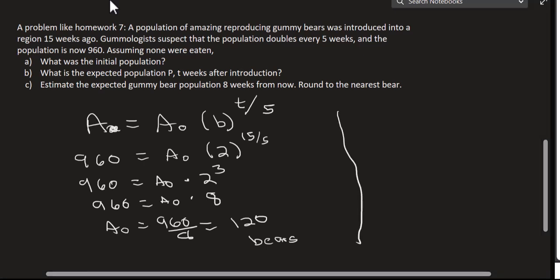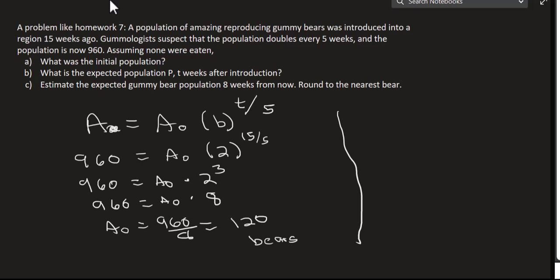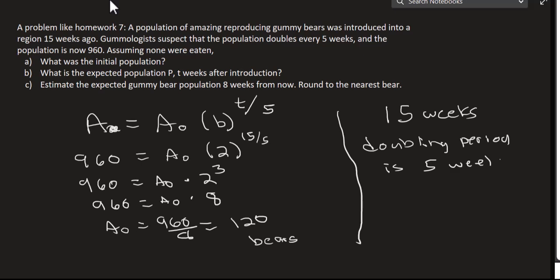Now, the other way to think about this is it's been 15 weeks. The doubling period is 5 weeks. So we have had 15 divided by 5 equals 3 doubling periods. So we have doubled 3 times.